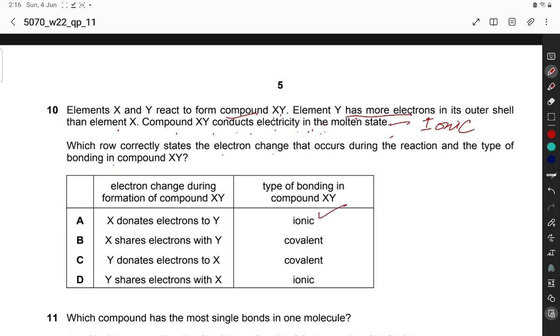Bonding is ionic and X donates electrons to Y. Because X and Y react, Y has more electrons in its outer shell. It means Y is a non-metal and X is a metal. So X tends to donate electrons to Y. So A option is correct.